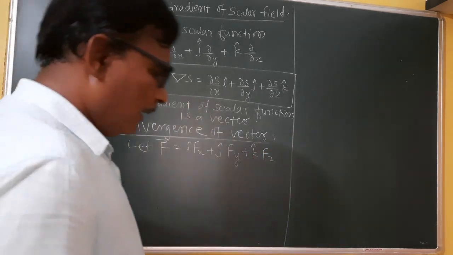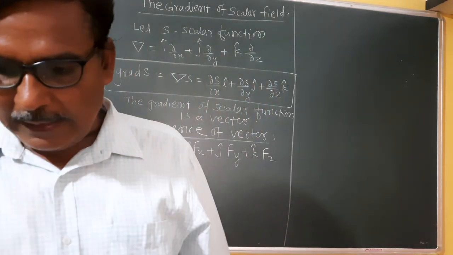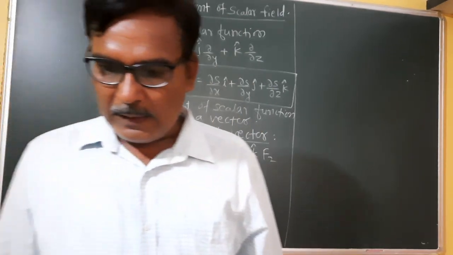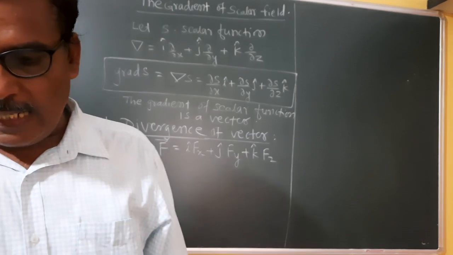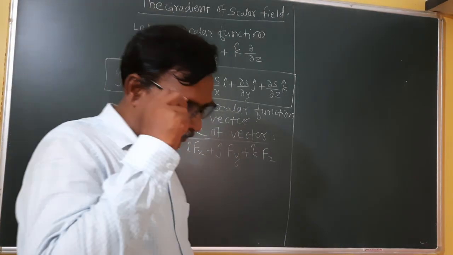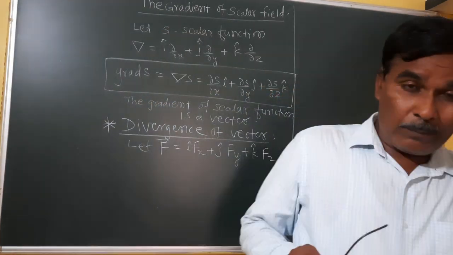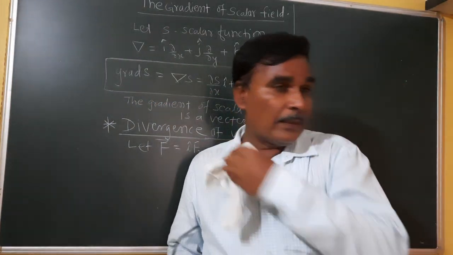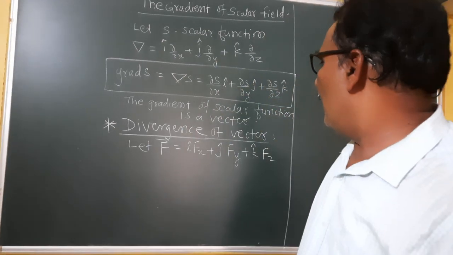The net amount of flux of the vector field diverging or converging per unit volume is called the divergence of a vector.